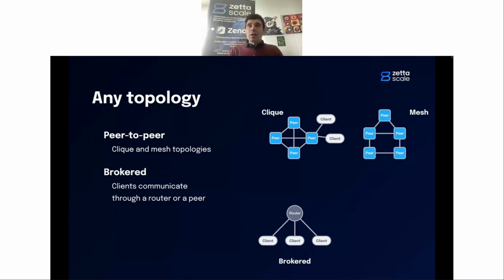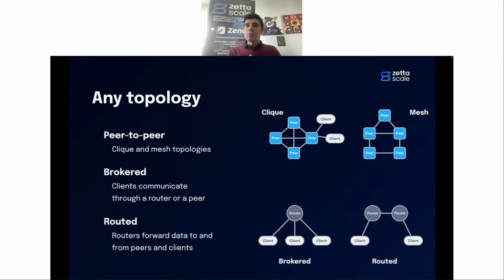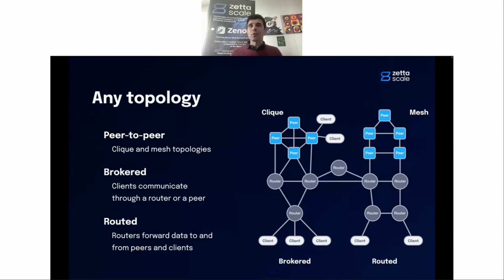But that's not all, because obviously you can have routed communication, so a router can route for a client, and those of you that are advanced in the use of Zenoh know that you can deploy your own router infrastructure and use it to route data, perhaps across the entire globe.